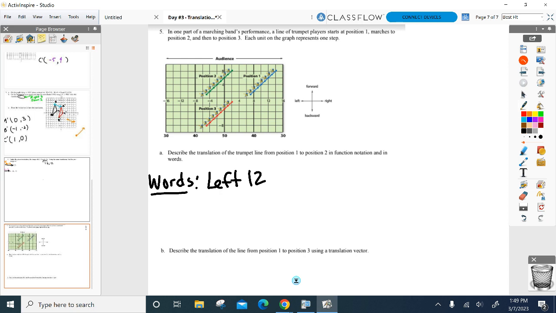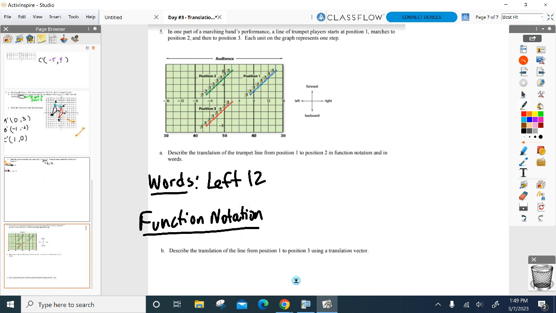I'm just left 12 and then they match up, right? I don't need to go up or down. You may not go left or right and up or down; you may go in one direction, not both. So left 12, and that's it. All right, let's put this in function notation now.